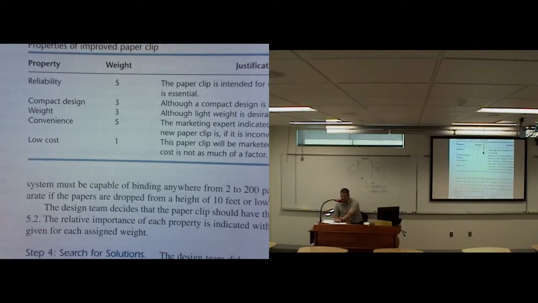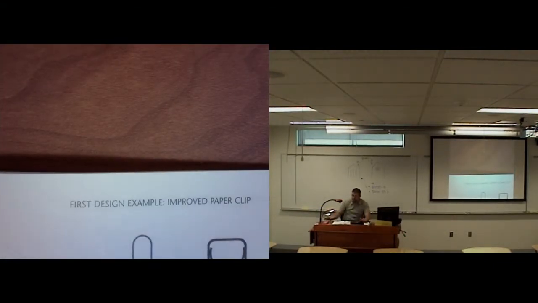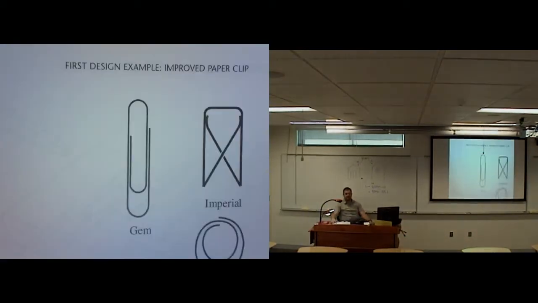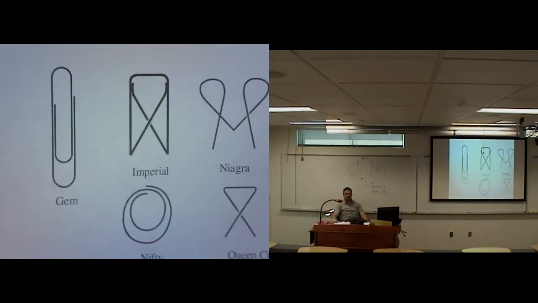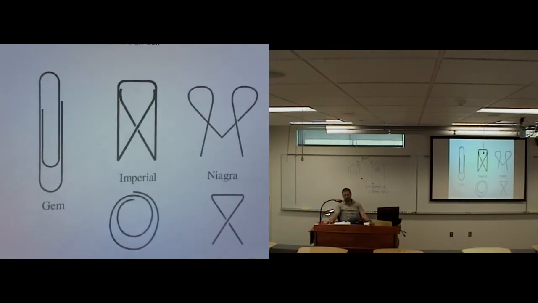And when they do that, they actually come up with 5 wire paper clips. These are not necessarily paper clips that they would use, but maybe these are paper clips that they find when they're researching paper clips. They find these paper clips that already exist, because part of the searching process for a new idea or solution is to see what's already been done. Remember, we talked about that.